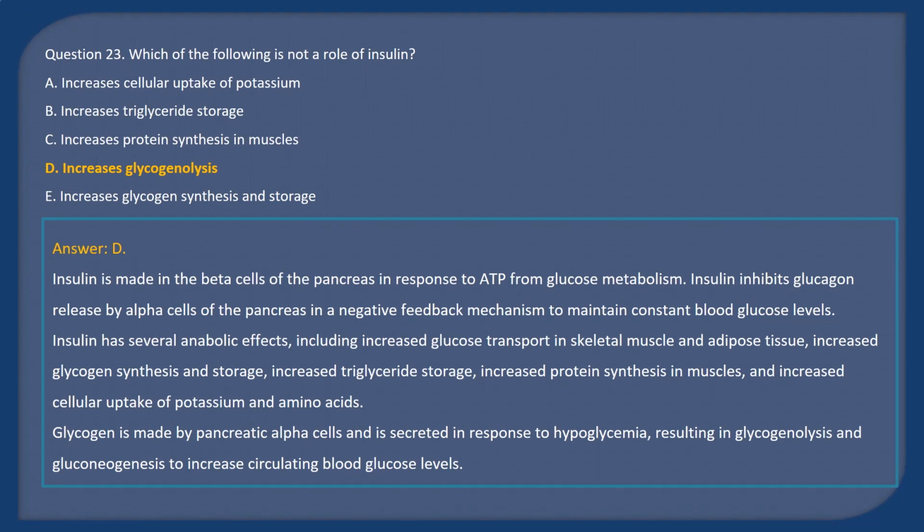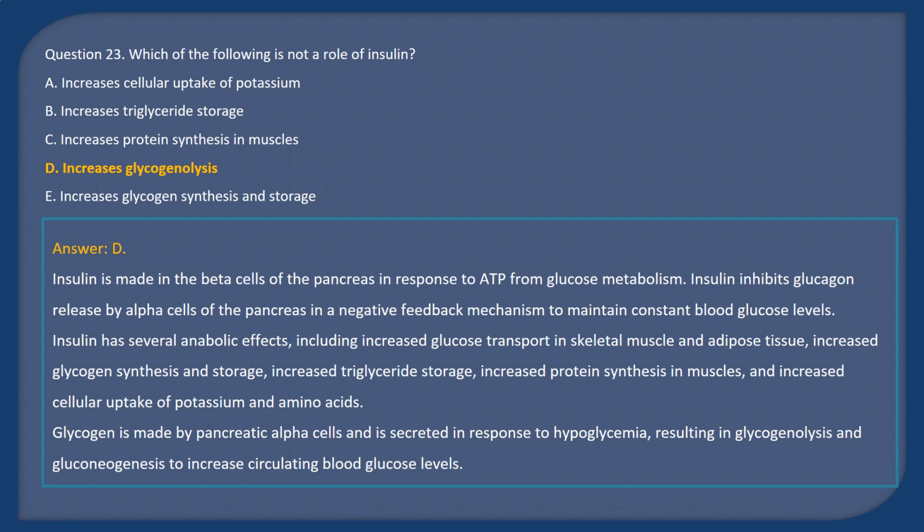Answer D. Insulin is made in the beta cells of the pancreas in response to ATP from glucose metabolism. Insulin inhibits glucagon released by alpha cells of the pancreas in a negative feedback mechanism to maintain constant blood glucose levels.